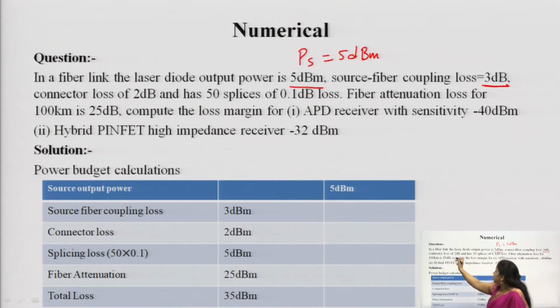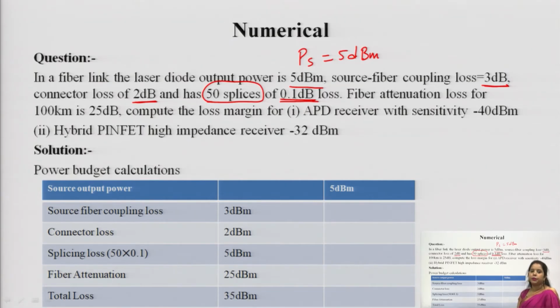Connector loss of 2 dB and 50 splices. That means the system which we are about to design consists of 50 splices, and each splice contributes a loss of 0.1 dB.